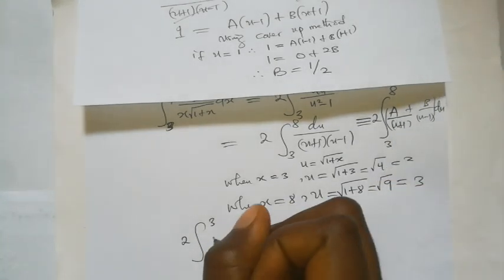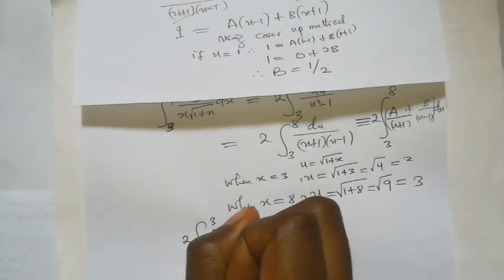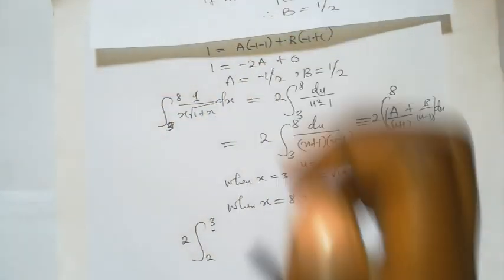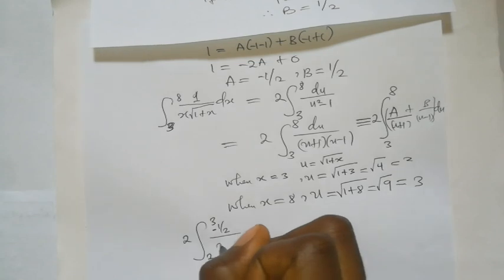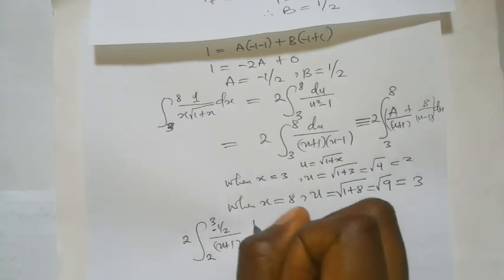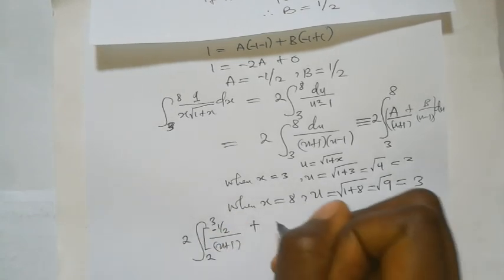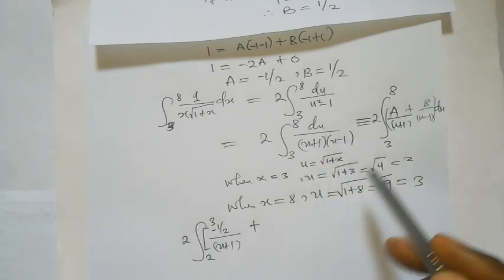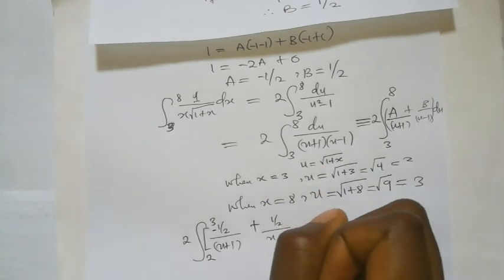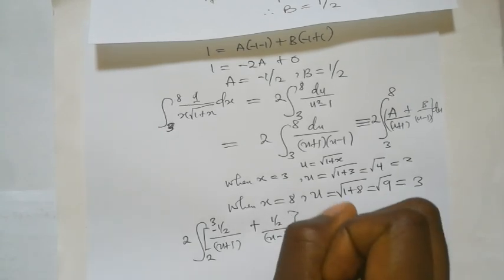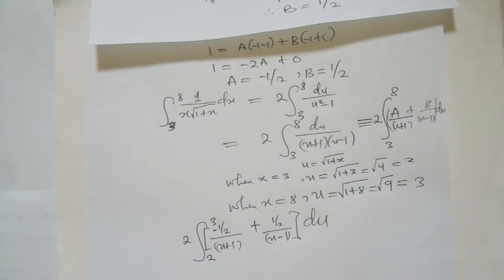And our a we said is minus 1 over 2 all over u plus 1, plus our b, which is 1 over 2 all over u minus 1, everything du.